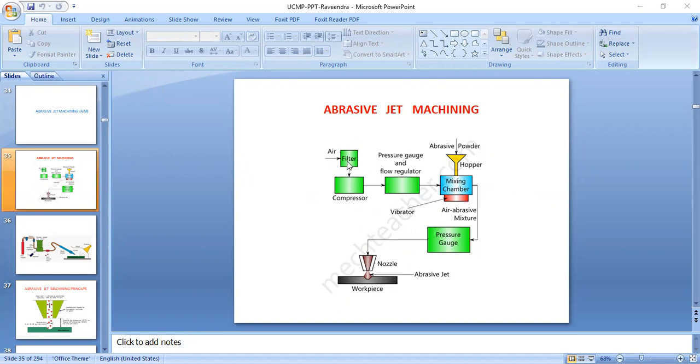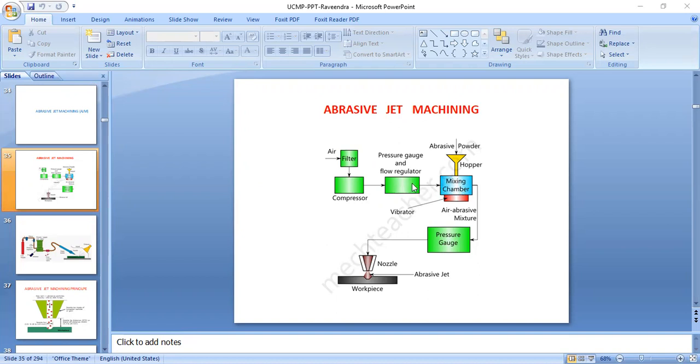Here an air filter is there, and air is sent to the compressor. This compressor compresses the air to high pressure, and this compressed air is sent to the pressure gauge and flow regulator. Through this, it goes to the mixing chamber.